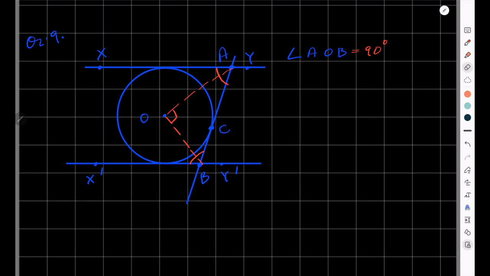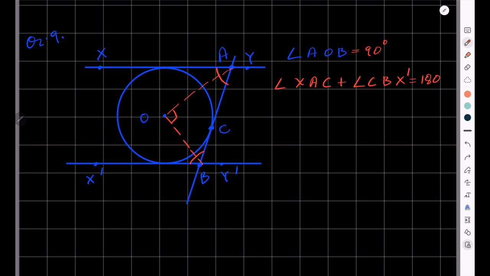To solve the problem, as we know, angle XAC plus angle CBX dash is 180 degree, which we just saw, because these two lines which are parallel to each other are cut by the third line.